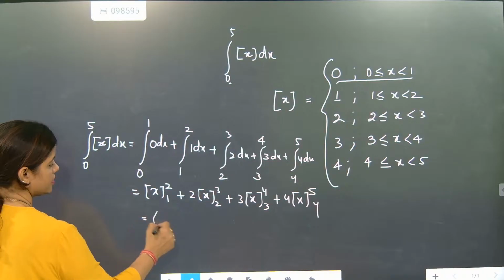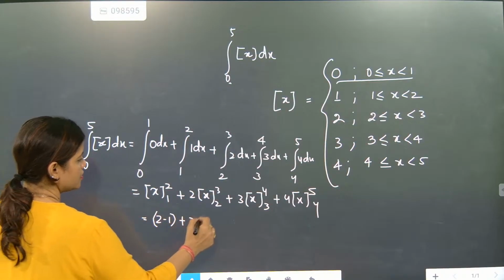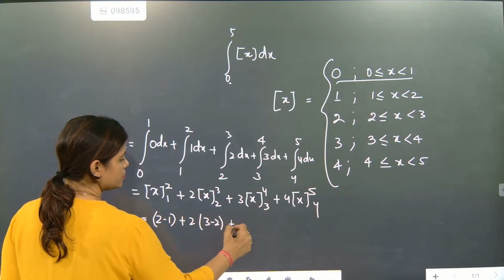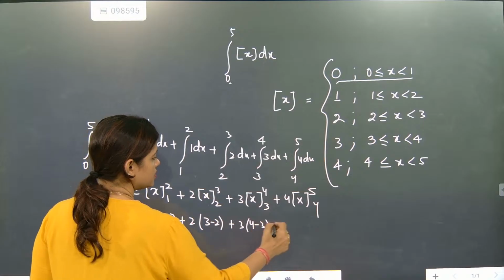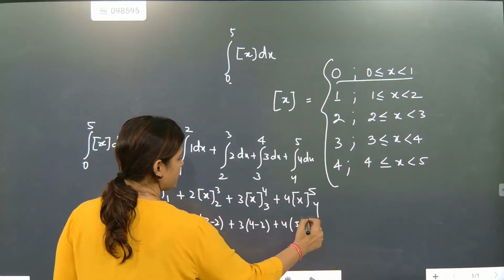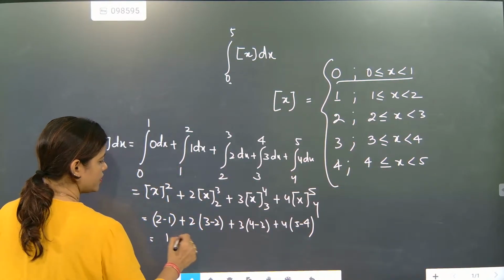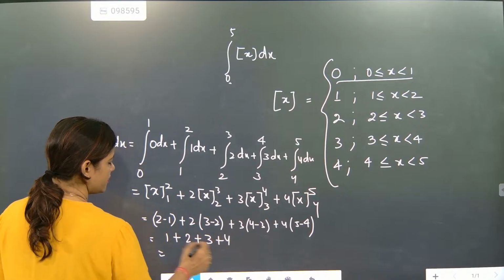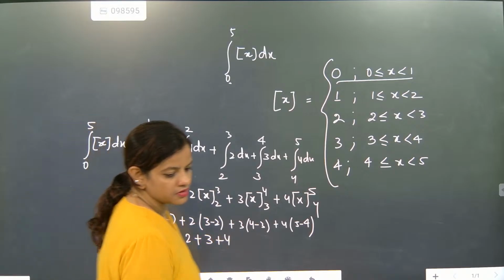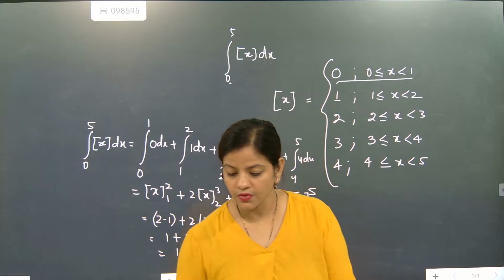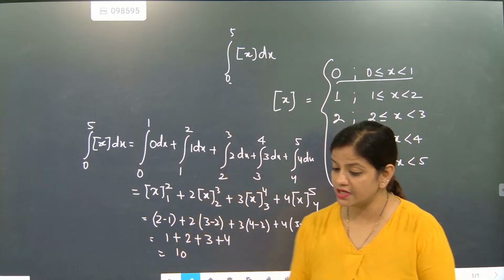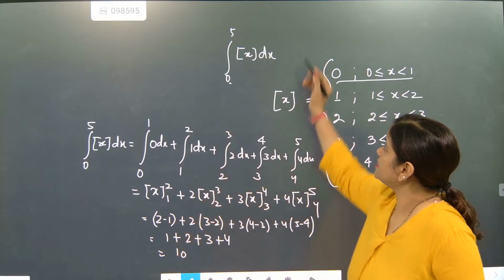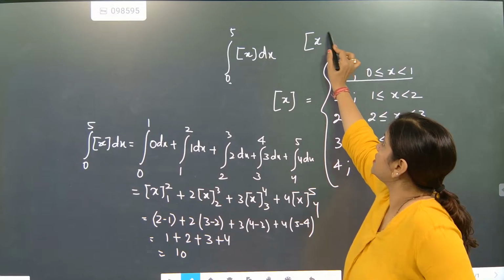So right here, 2 minus 1, 2, 3 minus 2, 3, 4 minus 3, 4, 5 minus 4. So this is coming as 1 plus 2 plus 3 plus 4, 10, and this is one of a few short questions of positive integer. This is greatest integer x.